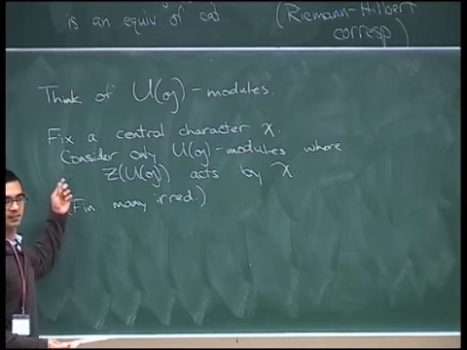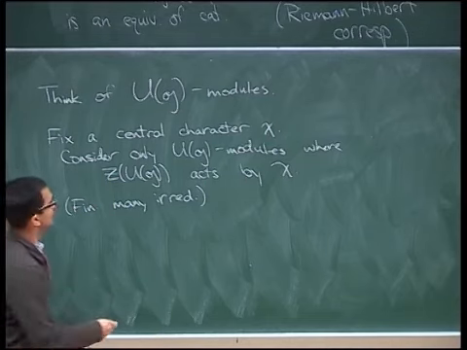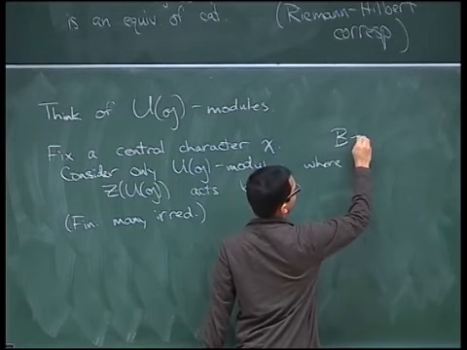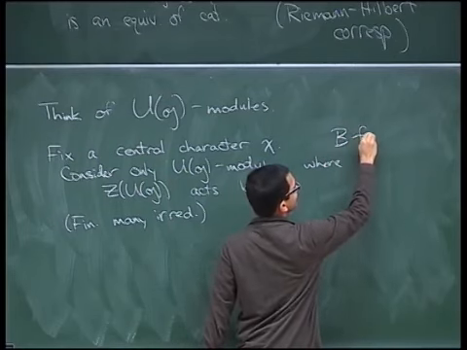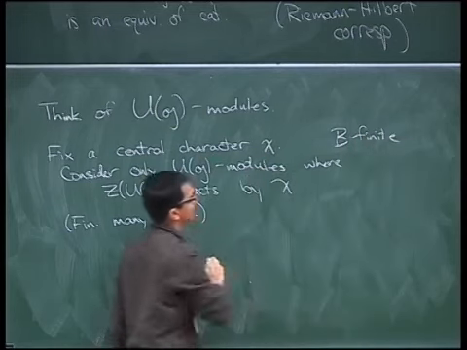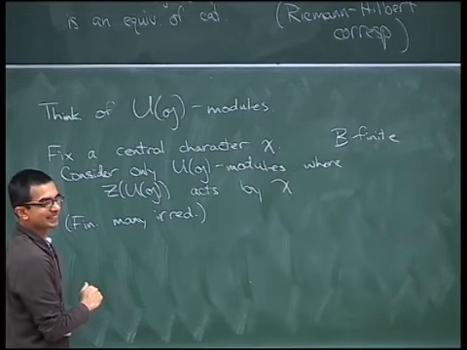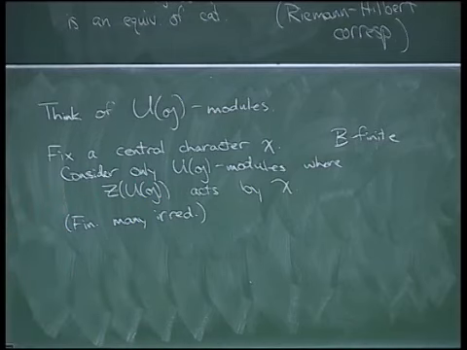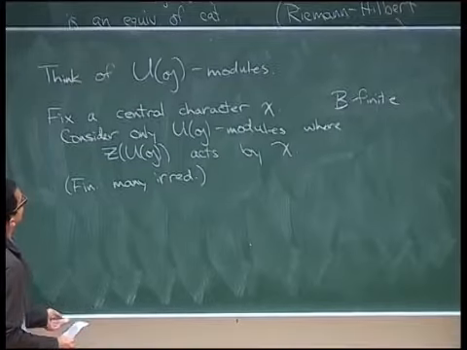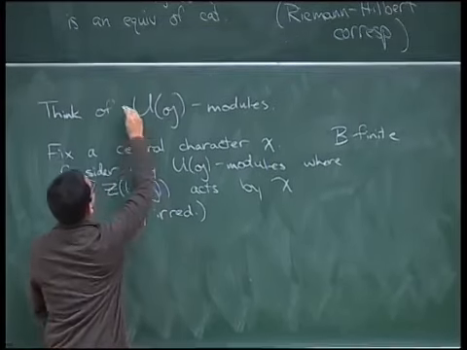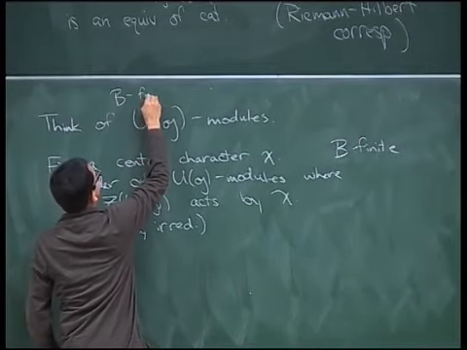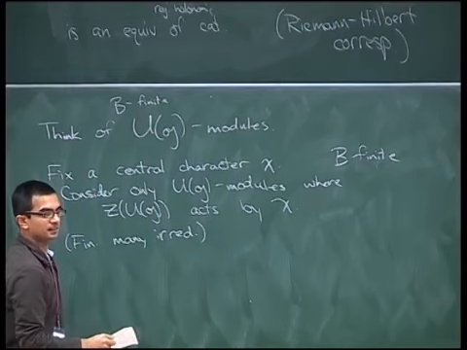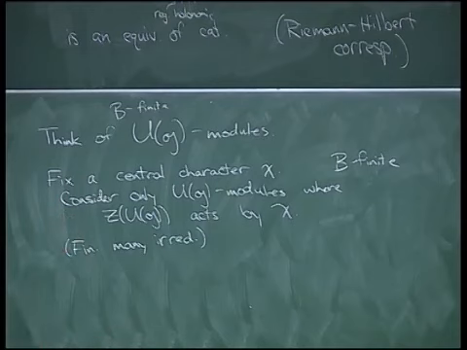So you mean category O? Yes. I guess I should say B finite. I'm thinking of B finite U of G modules. Well, H diagonalizable. H diagonalizable, yeah.